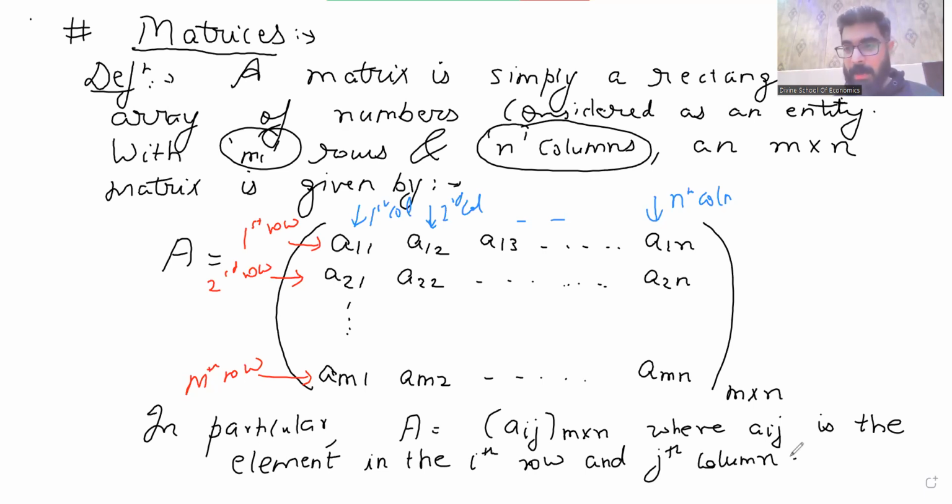So this is how I can write the matrix in a concise form. Aij is the general element lying in the ith row and the jth column.